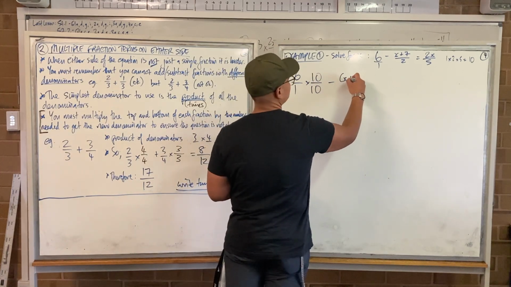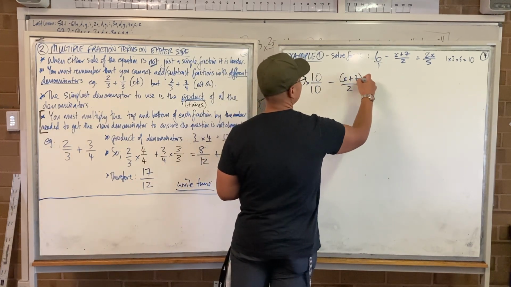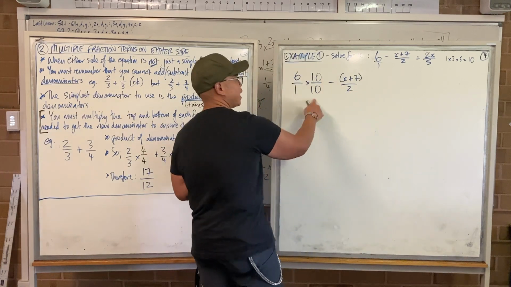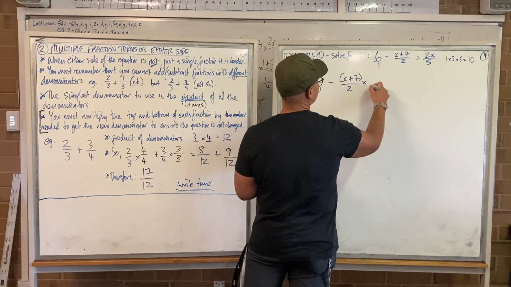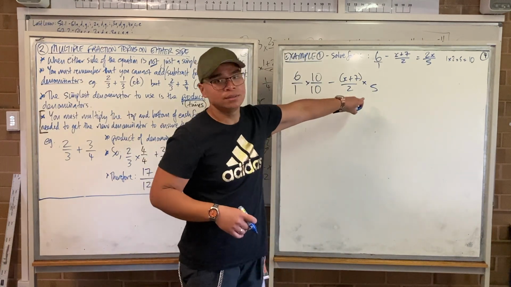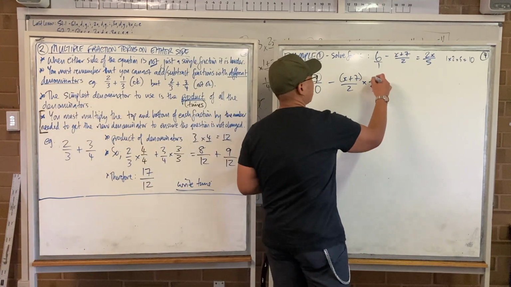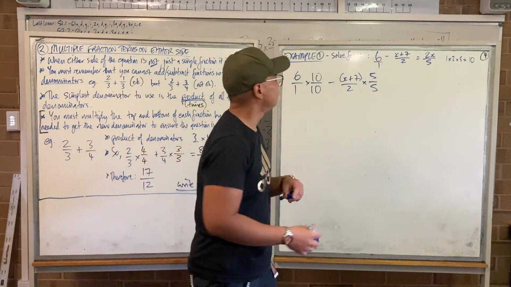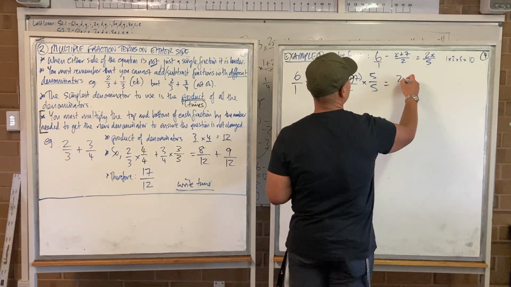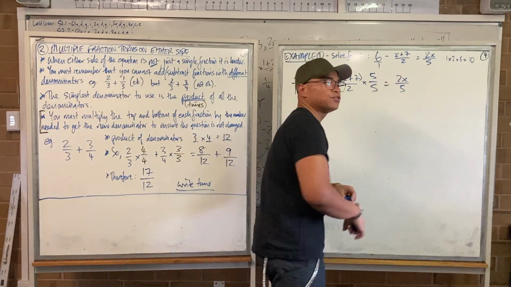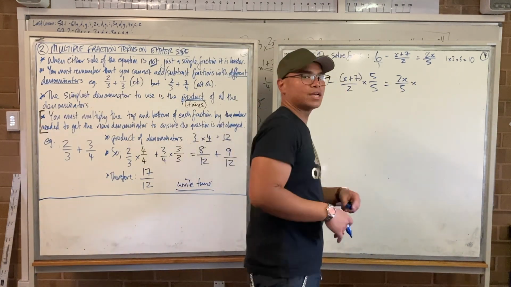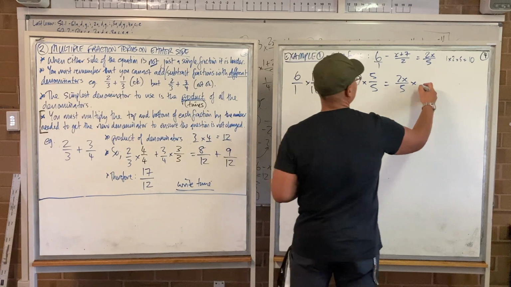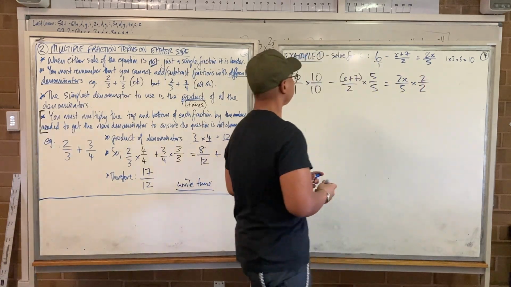Negative x plus 7 over 2. What do I need to times 2 by to make it 10? Good. I need to times it by 1, which is 5 over 5, equals 2x on 5. What do I need to times 5 by to make it into 10? Say it with your chest. Yes, 2 over 2.